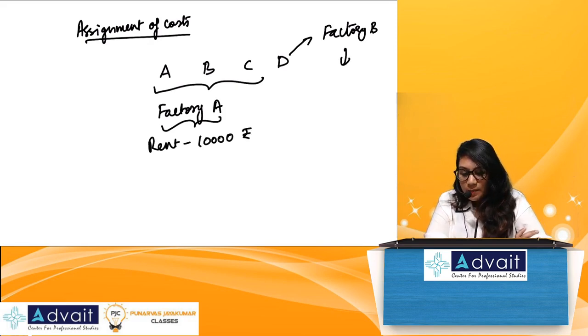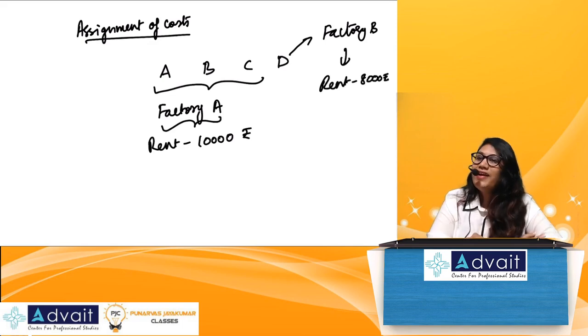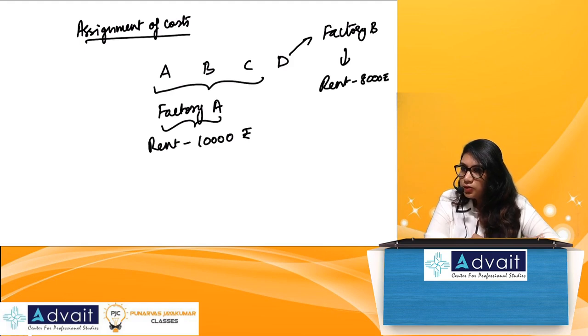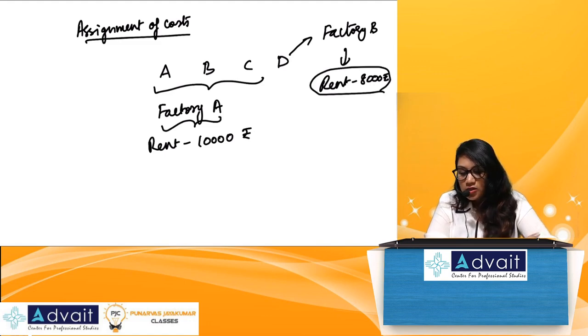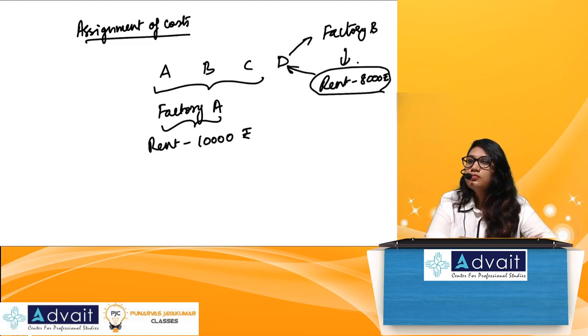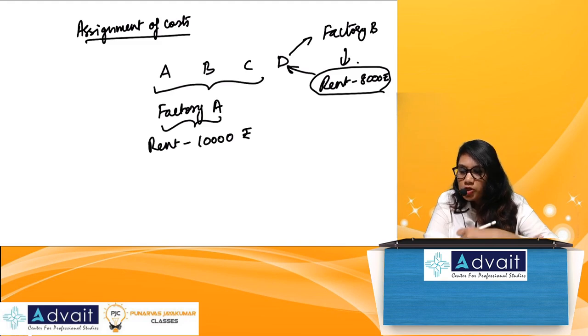For factory B, I am paying a rent of 8,000 rupees. So now if I ask you, what rent will go to which department? What will you tell me? From this example, it is clear 8,000 rupees is only for department D, because only D is in factory B. And for factory B, I am paying 8,000.